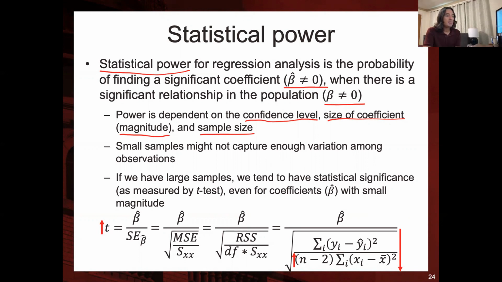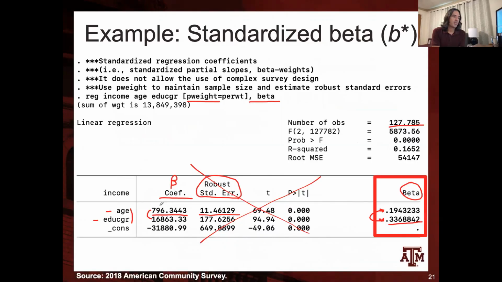On the other hand, if we have large samples, we tend to have statistical significance measured by t, even for coefficients with small magnitude. And that's an important point here. A lot of people say, oh, I got a statistical significance for the association between my independent variable and my dependent variable. What matters for our analysis is not just the statistical significance, it's also the magnitude.